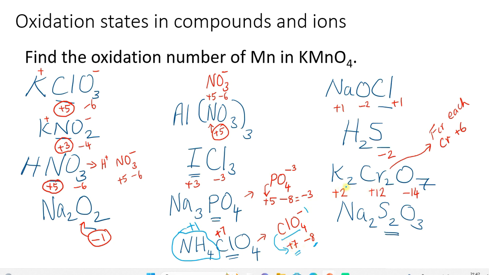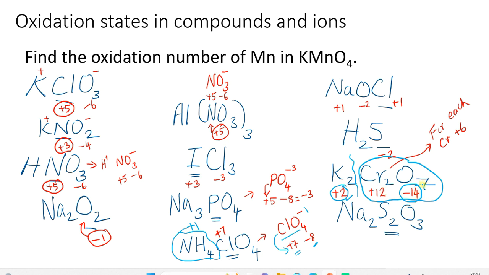Same with this as well. It's useful to split like this: potassium dichromate, 2 potassium. So that means the whole of this bit is going to be -2, or you can just put all the numbers here. I put this one first and then oxygen, because we know that's for sure. We're trying to work out the chromium's oxidation state here.